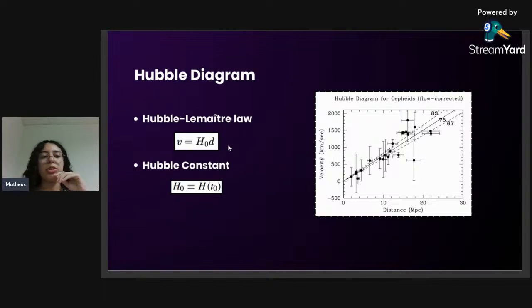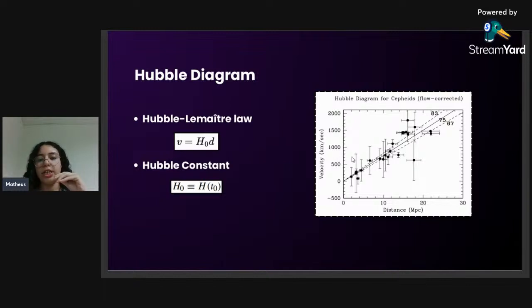This is proportional to a constant, the Hubble constant, that we define in the present time. So this Hubble constant, H0, is defined as the Hubble constant at the present time, where t0 is the present time. This is the definition.